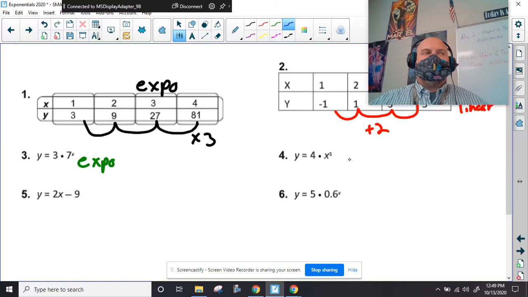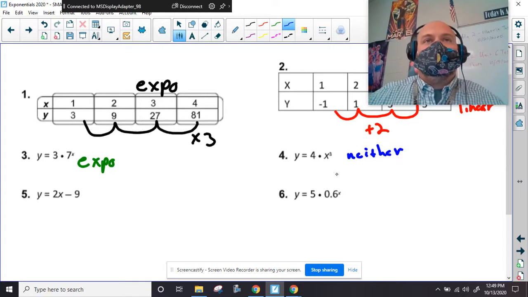Well, where's the x? Yeah, in front of the number. It's not exponential because x is not the exponent. This is, and it's not linear because it's to the 3rd power. This is neither. Okay, and if you're having a hard time seeing on the screen, it's the same thing that's in front of you on your paper.